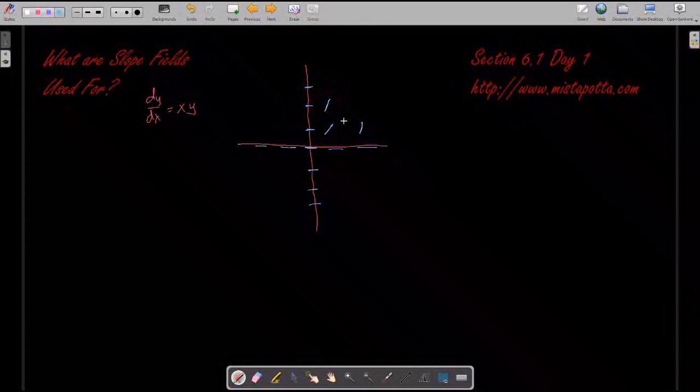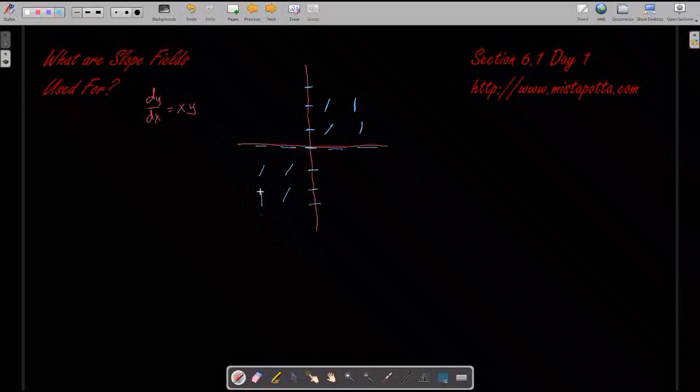These two line segments should be parallel. And if I go over to 2, 2, I'm going to have something that's quite a bit more steep. The same thing is going to happen in this third quadrant, because negative times negative would give me positive. So I'm going to have these same four slopes in this fourth quadrant that kind of meet this curve.